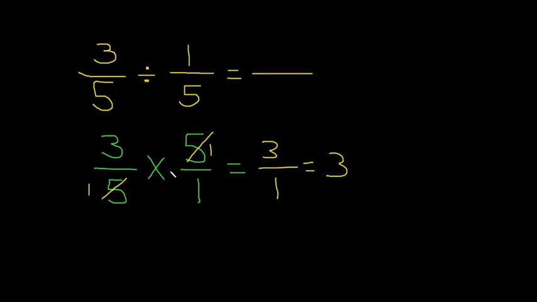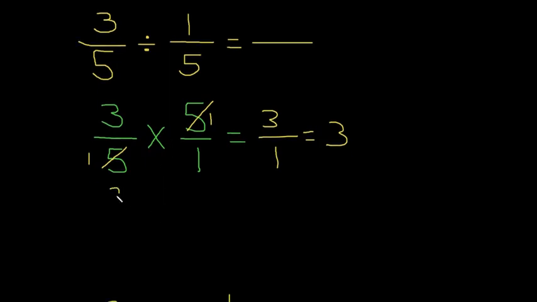If we didn't do that first, if we did 3/5 times 5 over 1, and we simply multiplied straight across, we'd have 15 over 5.